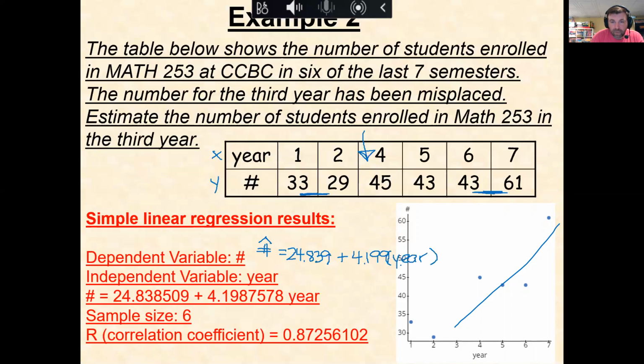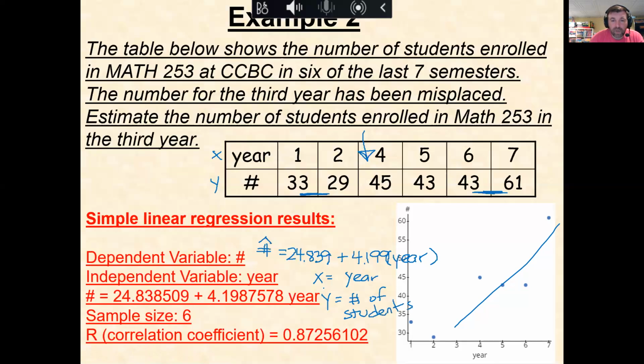You can use the word of the variable instead of x and y. If you were to use x and y in your answer, somewhere in your problem you would have to say x equals year, and then y is equal to number of students, something to that effect.